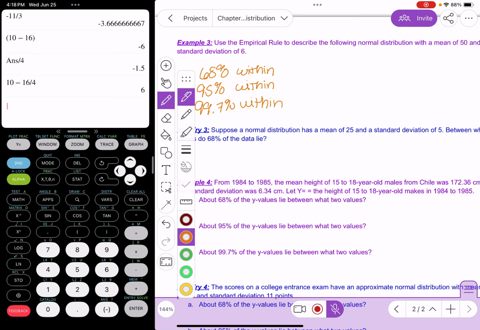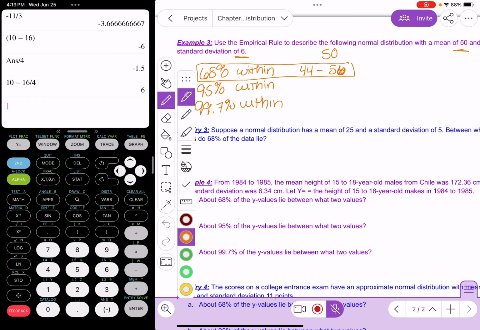So let's see. The mean is 50 and the standard deviation is 6. So we just start at 50. And within 1, we go up 6, so we would go up to 56. And then 50 minus 6 would be down to 44. So 68% fall within 44 to 56.